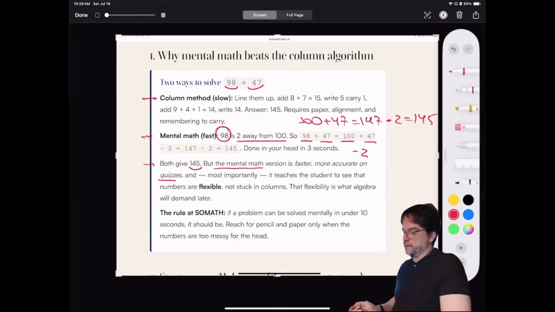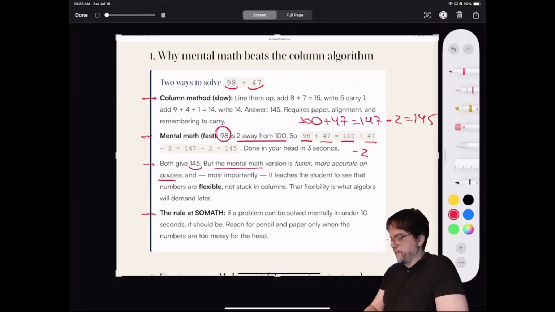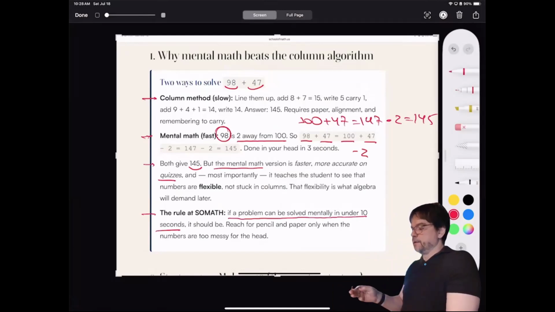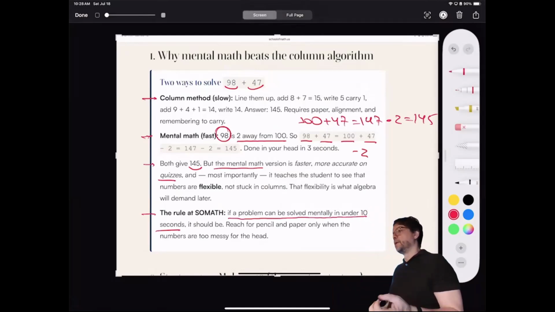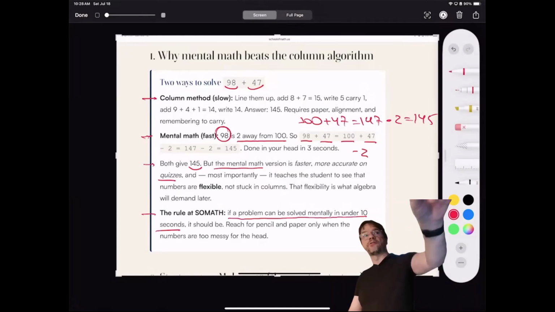So the rule at SOMATH: if a problem can be solved mentally in under 10 seconds, you should do mental math. Why? In the future, you will do standardized tests. In standardized tests, sometimes you have the calculator on screen.